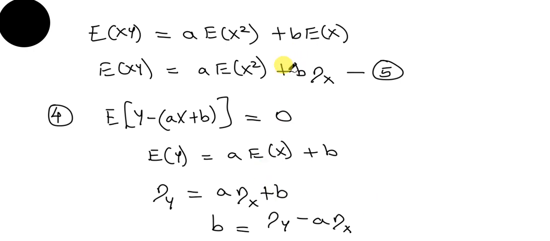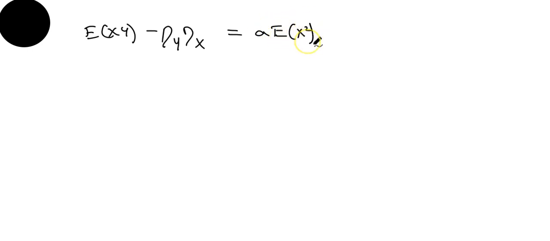Let us now get back to E of xy and try to resolve. E of xy minus eta y into eta x equal to a into, I will have E of x squared minus a into eta x the whole squared, and this gives me my a value.